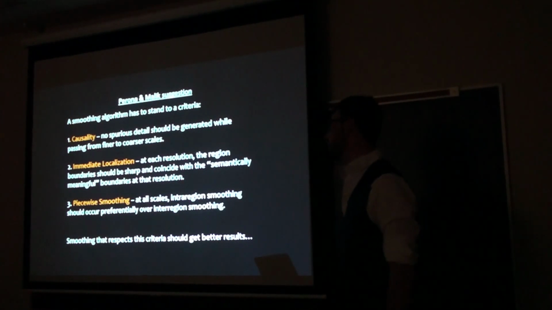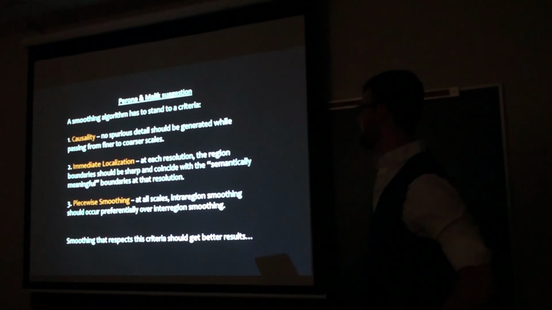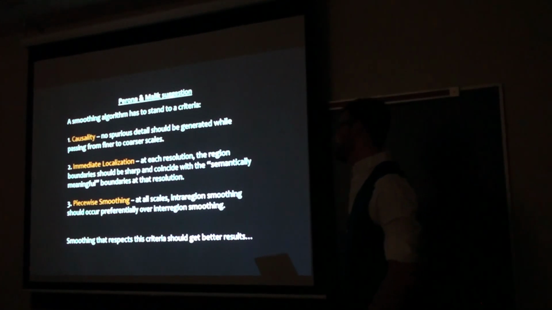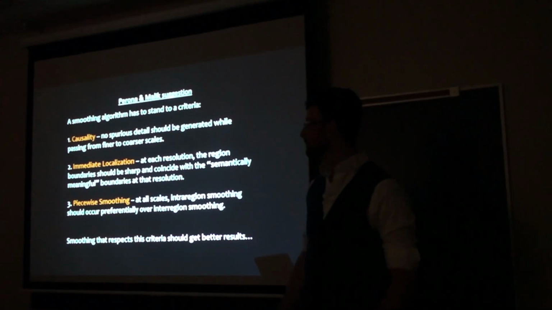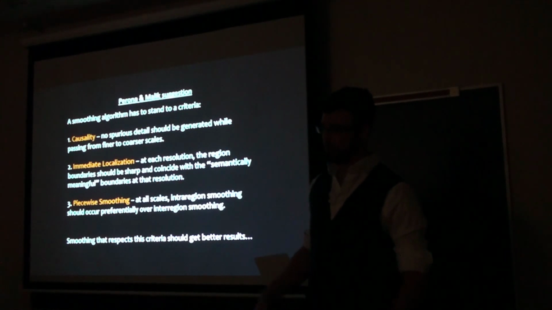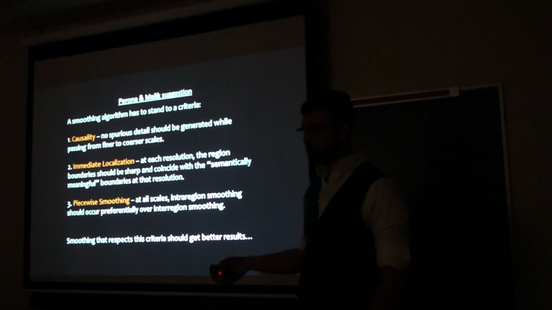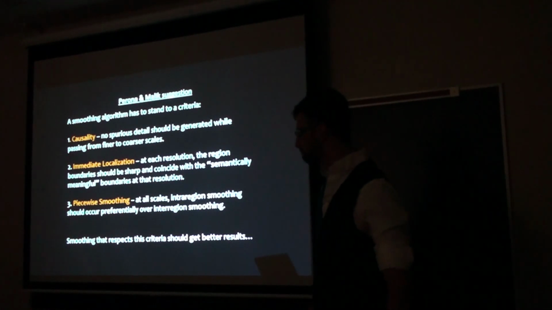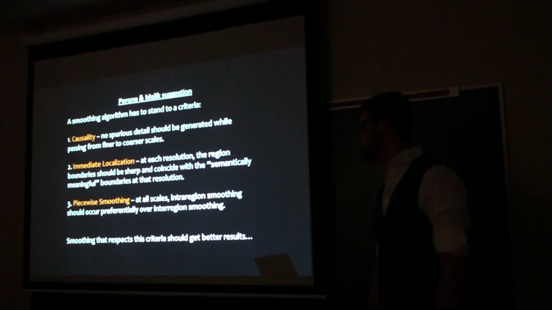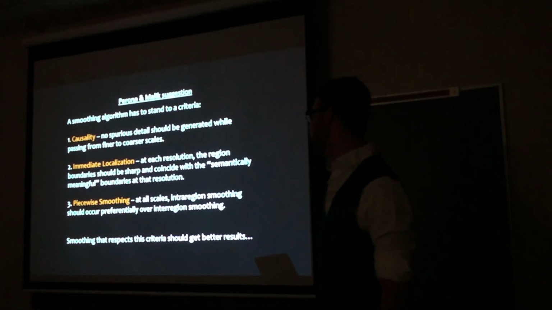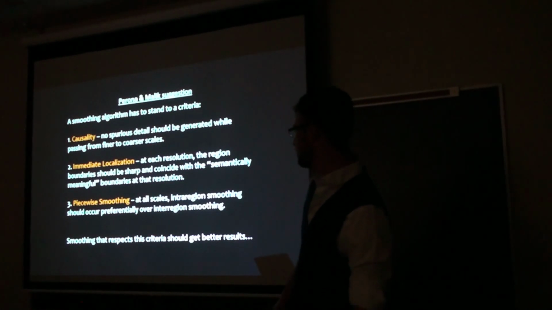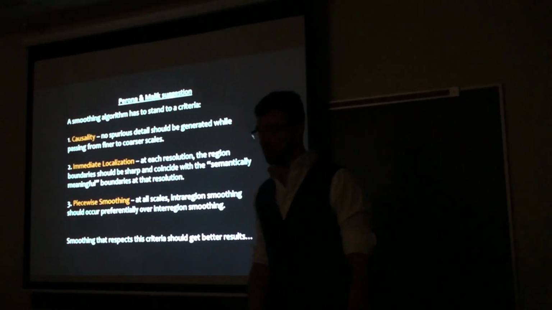Be localized at each resolution. The region boundary should be as sharp and concise as the semantically meaningful boundaries at that resolution. So that basically means that once I hit the boundary, I'll just slow down. I shouldn't blur as much right there, right? Piecewise smoothing at all scales: smoothing should occur preferentially over interregional smoothing.